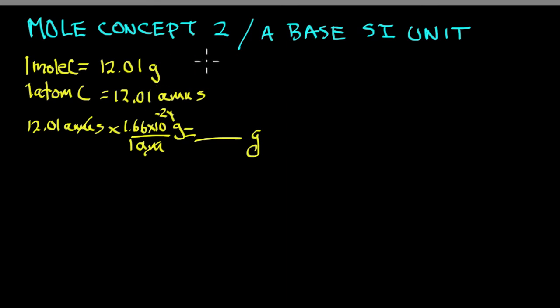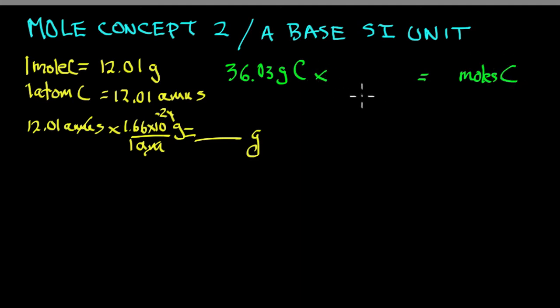What happens if we start with 36.03 grams of carbon? And we want to know how many moles that is. Here's what we're starting with, and what we want to know on the left is moles of carbon.